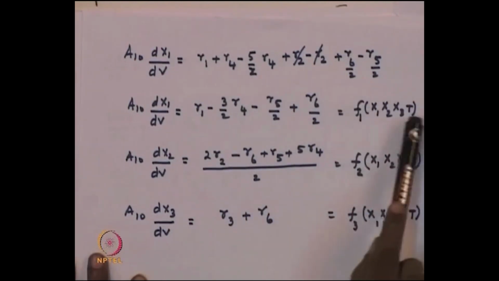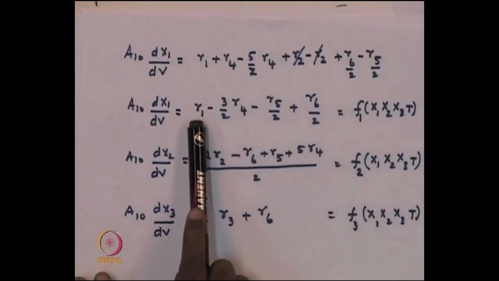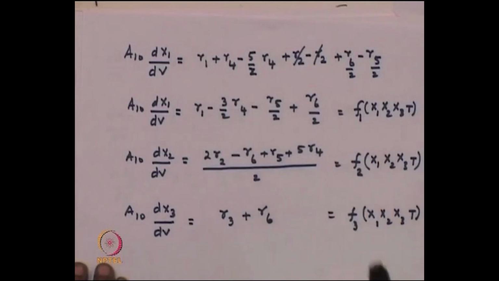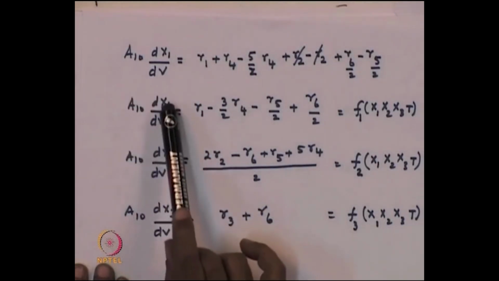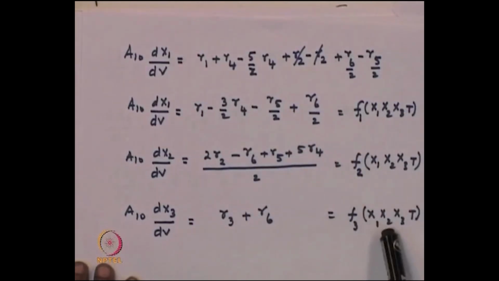So, these functions, how do you find out these functions? These functions come from an understanding of the rate processes R1 to R6, for which data will be available to you. This should come from an independent set of measurements that some people would have done. So, the left hand side x1 to xr is related to these functionalities, which are known to you.